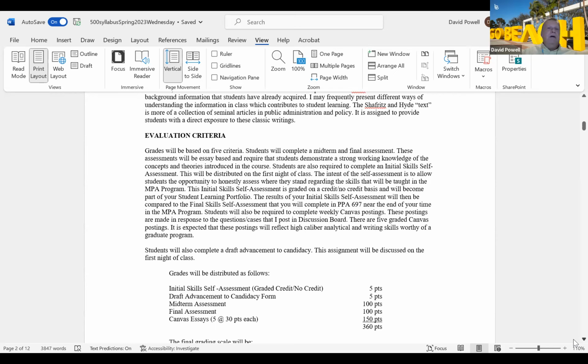Exams, in my opinion, are not that practical for a graduate level program and a professional program like the MPA. What I think is much more practical and much more useful is to afford you the opportunity to apply concepts and theories to realistic scenarios from the public sector.